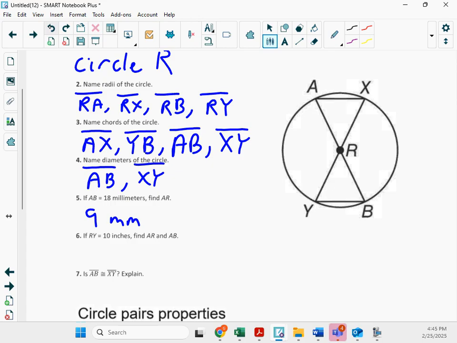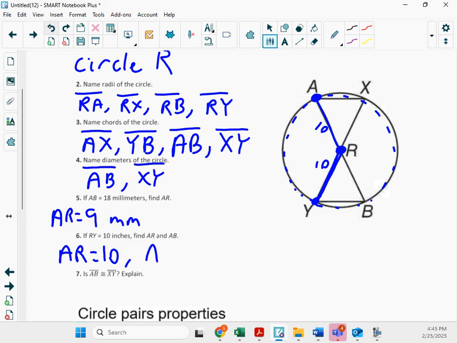If RY is 10 millimeters, find AR and AB. Well, AR is another radius. And in a circle, what's the very first thing we said? The distance from center to edge is the same all the way around the circle. So RA is another center to edge radius, which means they have to be equal.